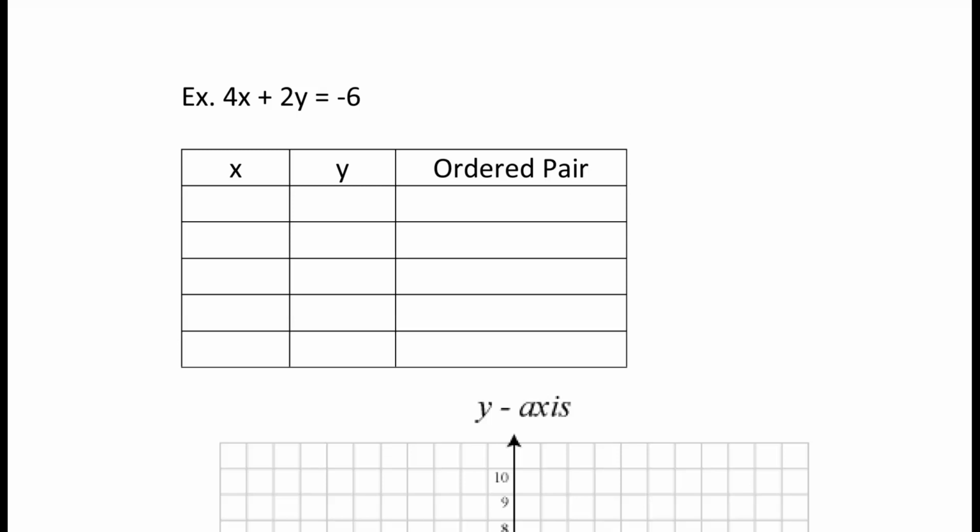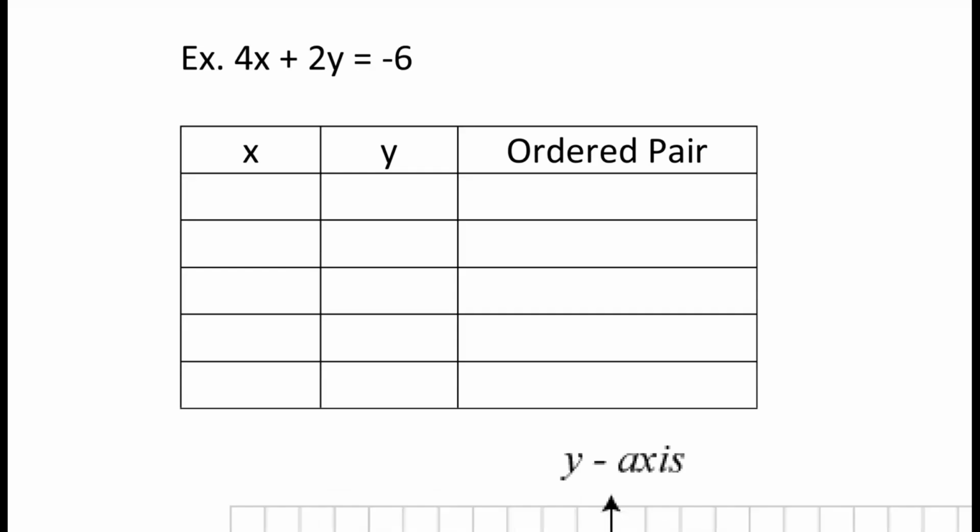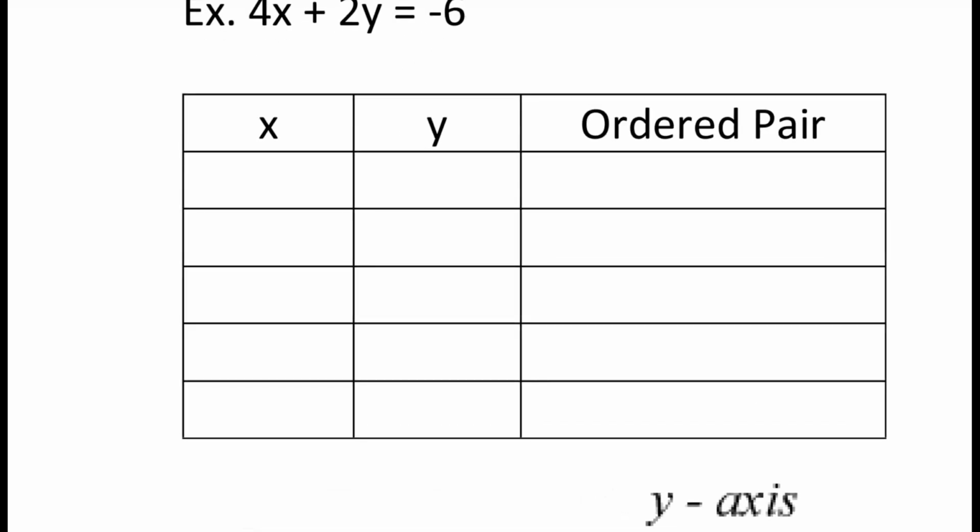So we'll show you both ways, just so whatever way works best for you is what you'll do. Now, for values for x, we're going to pick them again. Negative 2, negative 1, 0, 1, and 2.